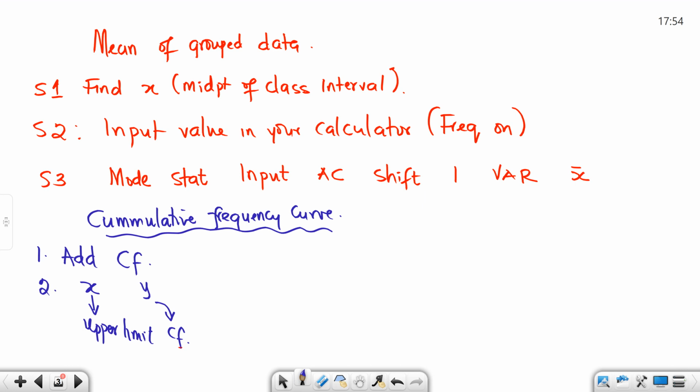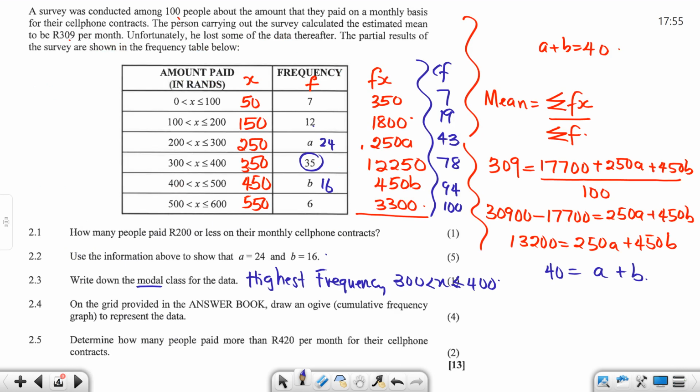So if you look at this, can we extract our X and Y together? Let's extract. So what are we going to plot? X and Y. Talk to me. Upper limit of your cumulative frequency. It's 100. All right. Okay, what's going to be my Y? Cumulative frequency will be what? 7. Next one? 200.